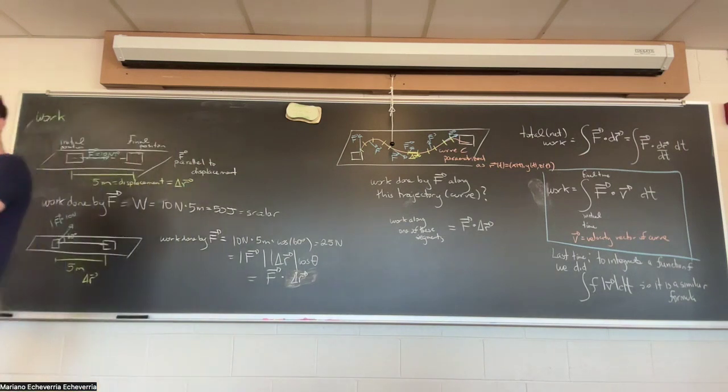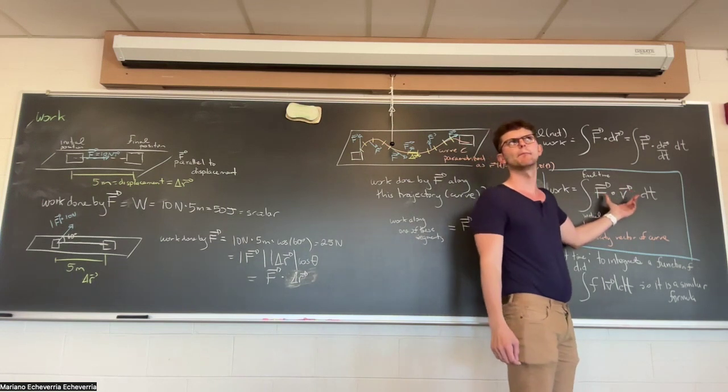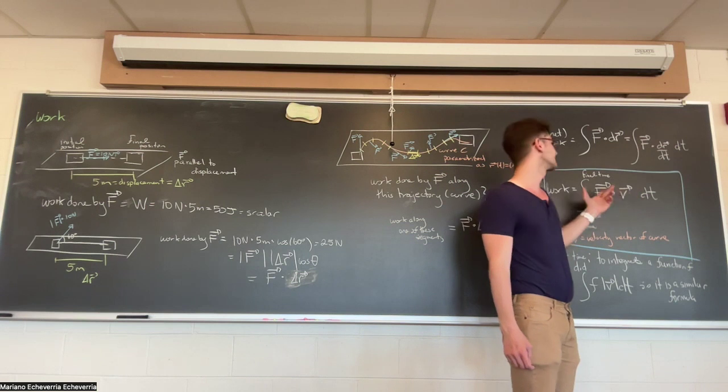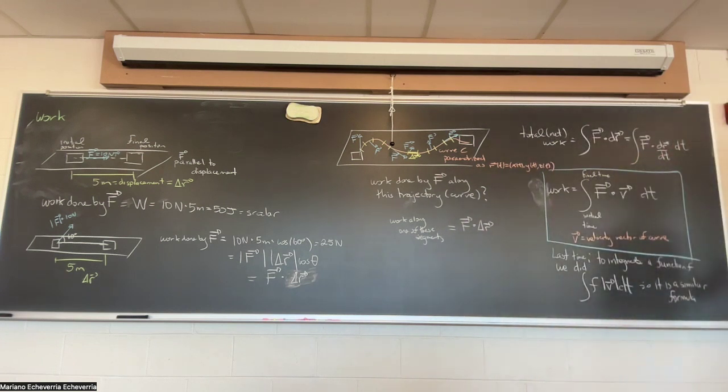Are there any questions about this? The dot product of F with V sometimes was called power, I think. So this is just saying that work is the time integral of power, and this is measured in watts, I think.